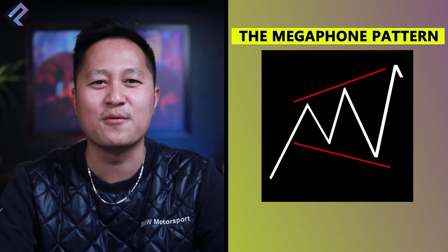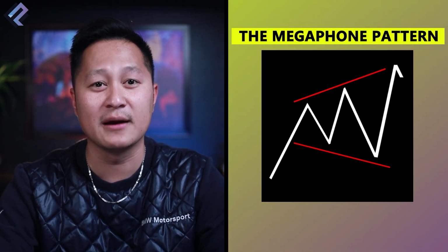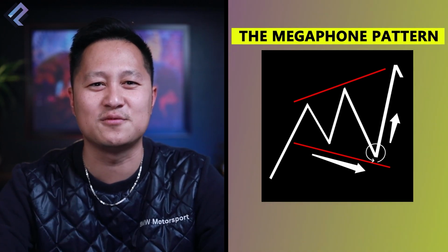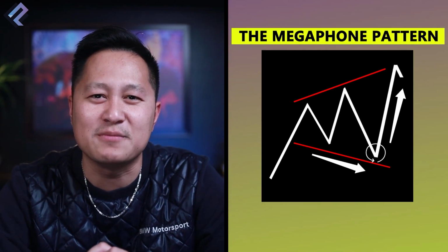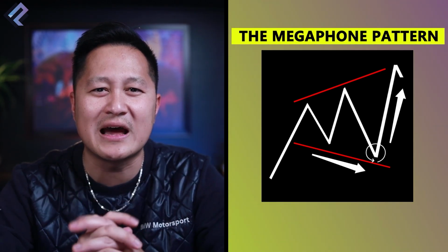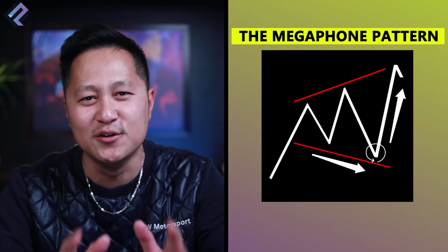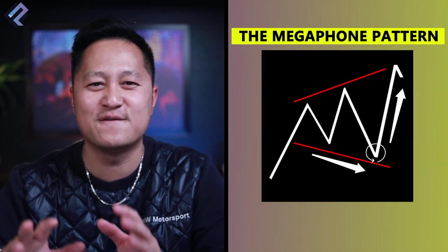Every trading course teaches this, so for now, let's bring in the megaphone pattern that nobody is talking about. What's unusual about this is the way the market doesn't really pull back, but comes all the way down to make a new low before the next rally. A lot of traders who anticipate the next low and short these types of markets, without knowing these formations, end up on the losing side almost every single time.